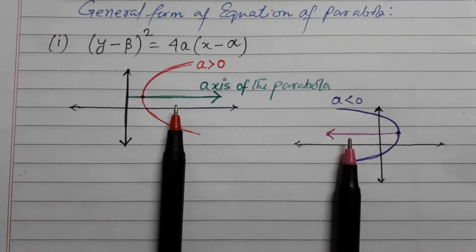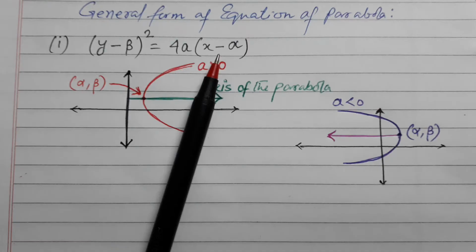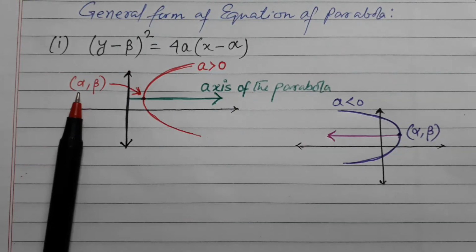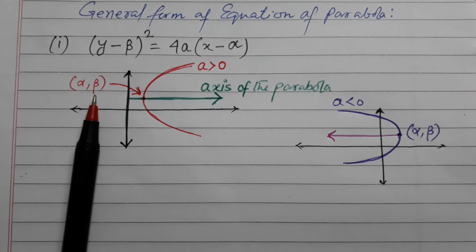That is why the axis of this parabola is parallel to the x-axis. And in both cases the coordinate of the vertex will be (α, β). Since x − α, the x coordinate of the vertex will be α, and because of y − β, the y coordinate will be β.